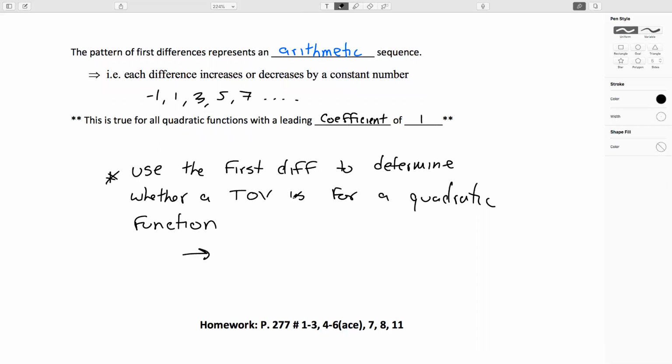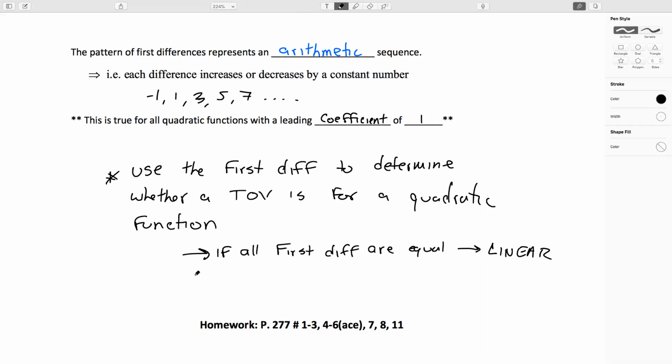If all first differences are equal, that tells me this is not a quadratic, this is a linear function.